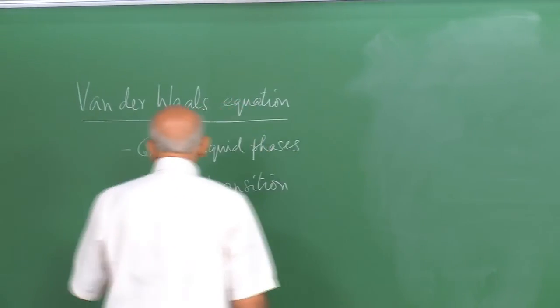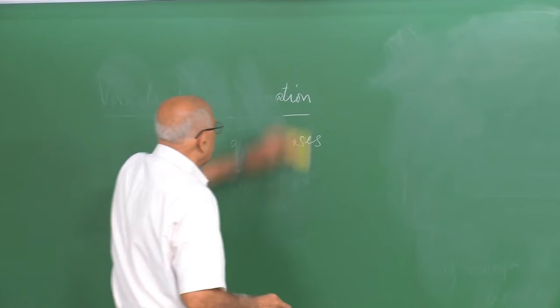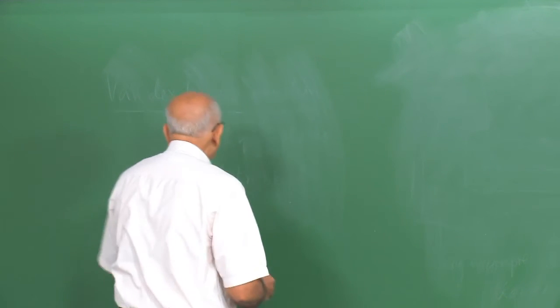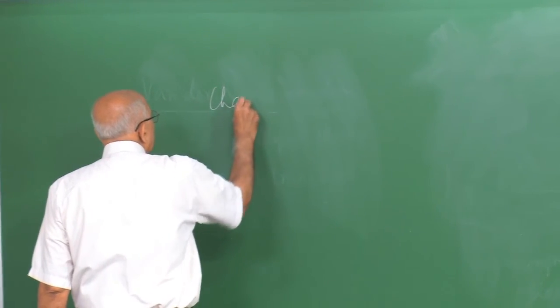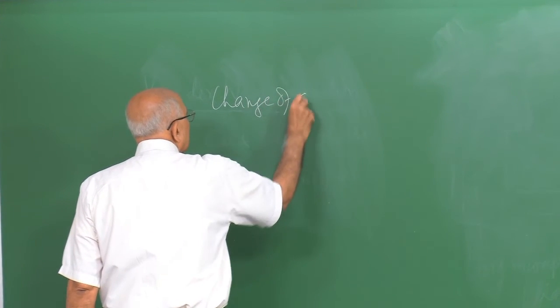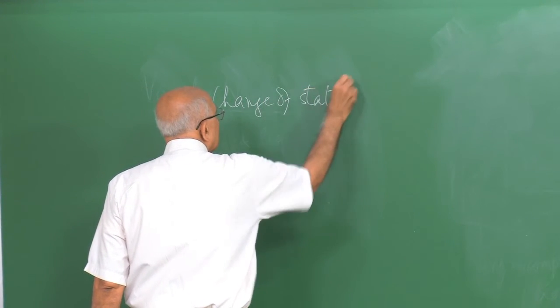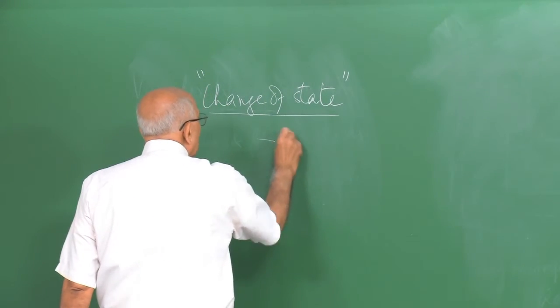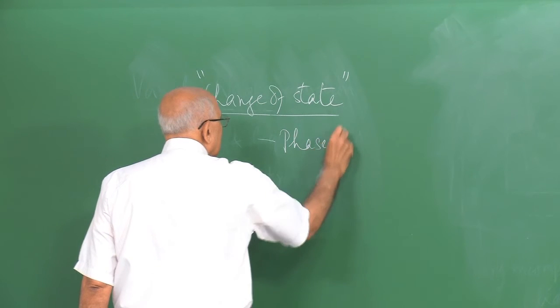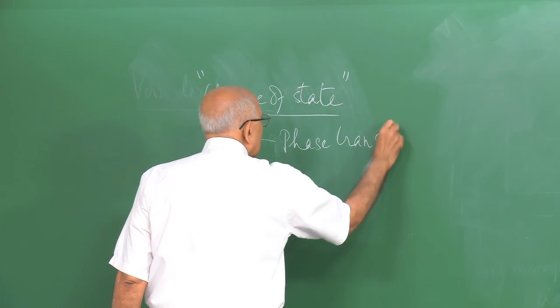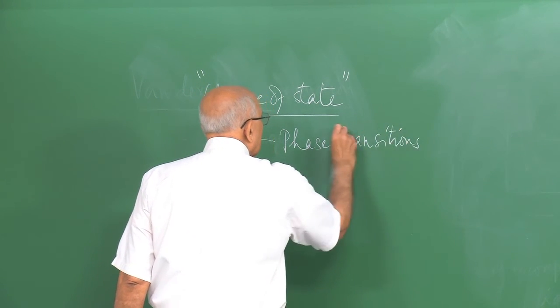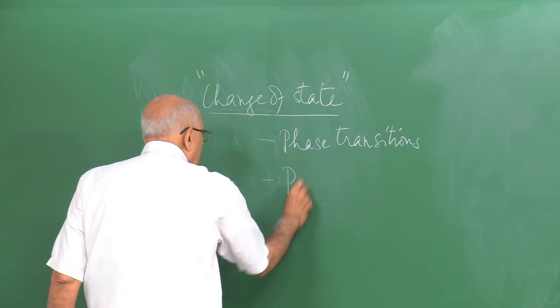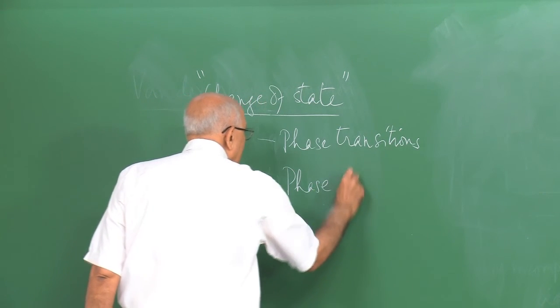So let us go on to the so called change of state. I put this in quotation marks. It should really be called phase transitions. And along with that is the phase diagram.